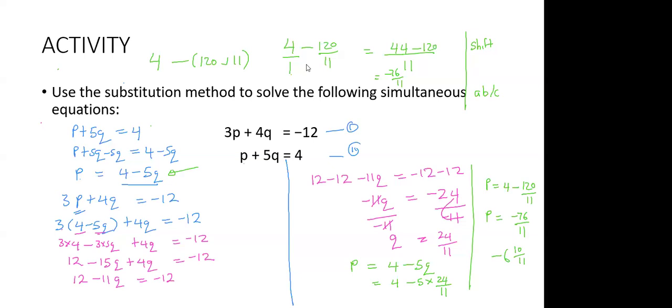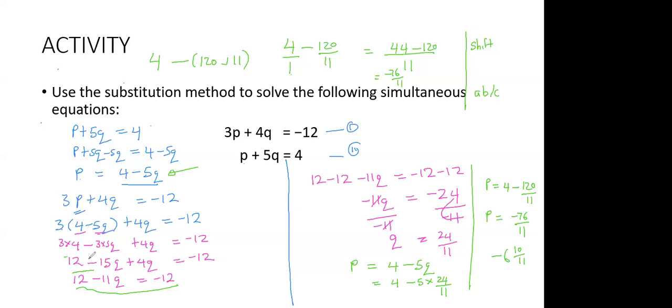Exactly here, 12 minus 11q equals -12. Oh, here. Did you understand how we open the brackets? Yes, I understood everything, but not what comes after that.